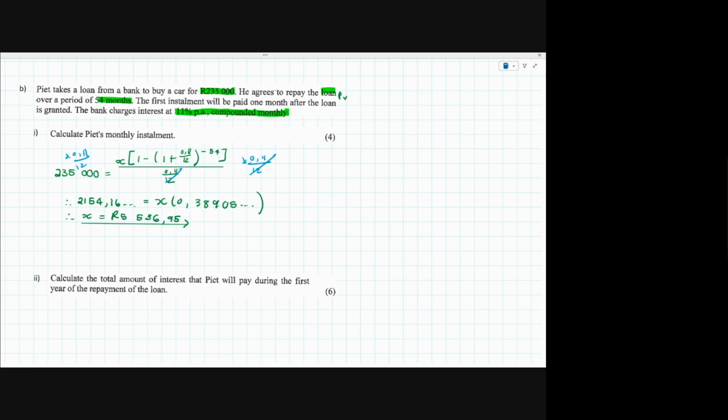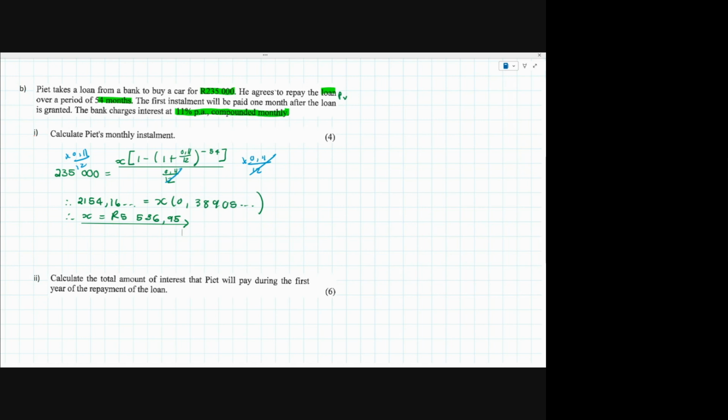If they said you only started paying 6 months after your loan is granted, like the question we did on Monday, then you would have to do an interest calculation. But the norm is that it's 1 month after your loan is granted. If that's what it says and that's when you start paying, no extra months or anything needs to be done.